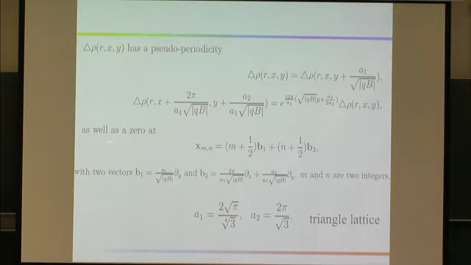Also, this one turns to be 0 at such a point. B1 and B2 are two vectors satisfying this one, and M and N are two integers. So if in the previous solution we choose A1 and A2 in this way, then this solution is nothing but the triangle lattice solution.